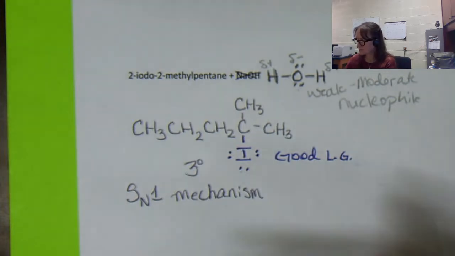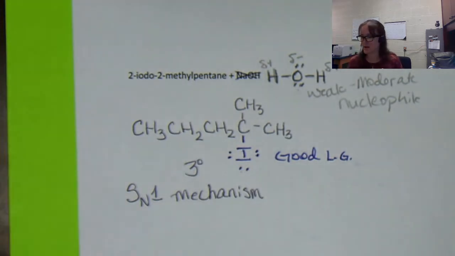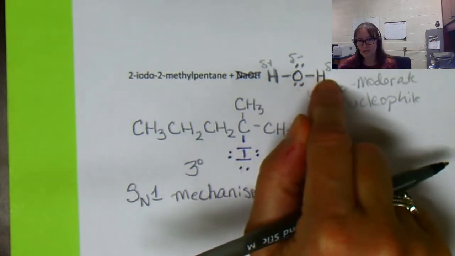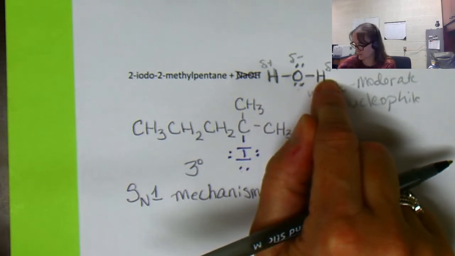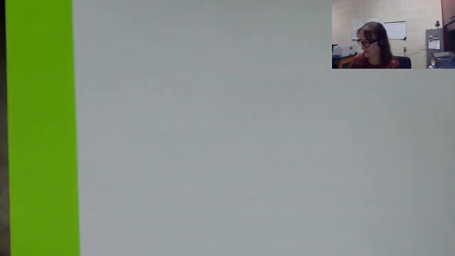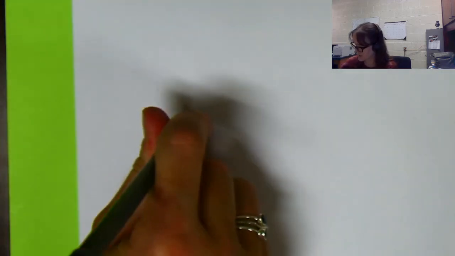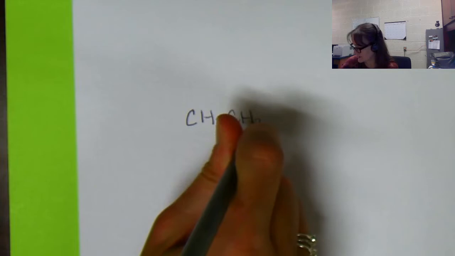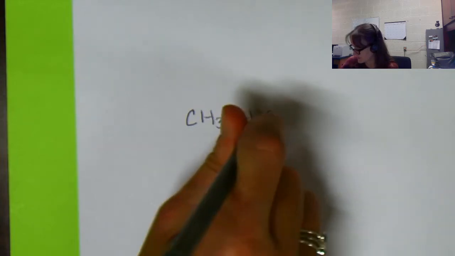So if we just look at the beginning to the end, this is our leaving group. The O with one of the H's is going to be our nucleophile. And so our final product, no matter what the mechanism, if it is substitution, will be the leaving group being gone and the nucleophile bonded to that same carbon.